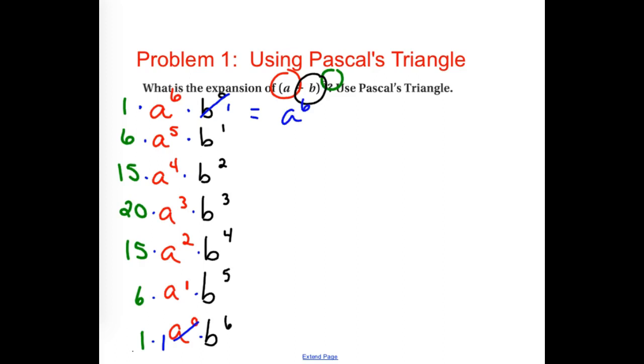My second term, I have 6 times a to the 5th times b to the 1st. That's 6a to the 5th b. My next one, I have a 15 a to the 4th b squared. Yes? Now I'm not going to keep writing these out because there's really not much to simplify here in this first example.